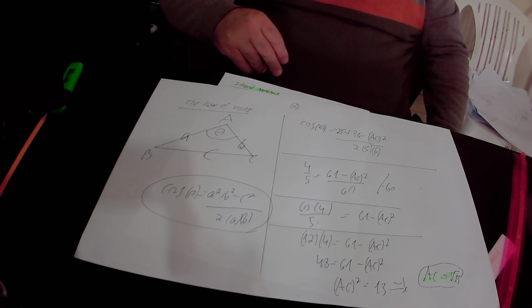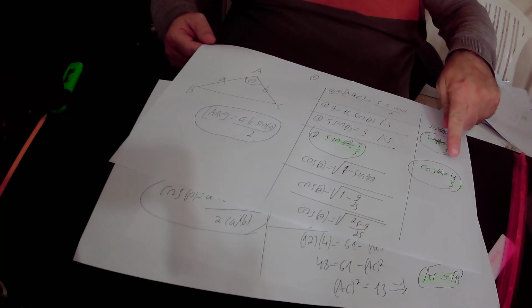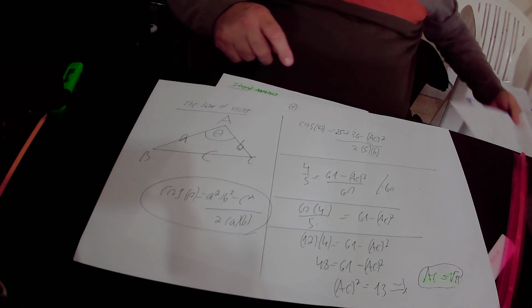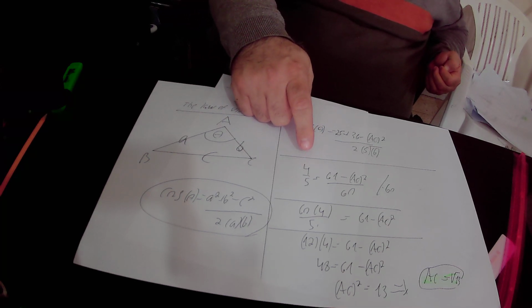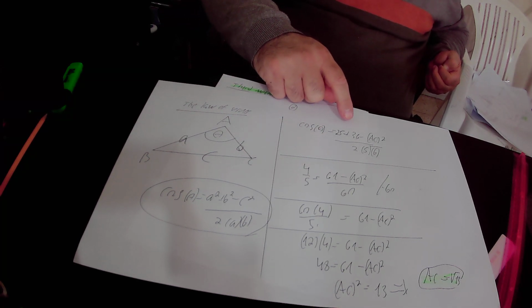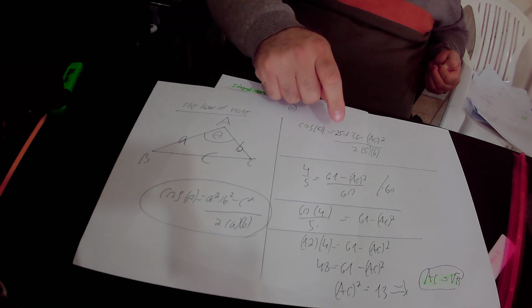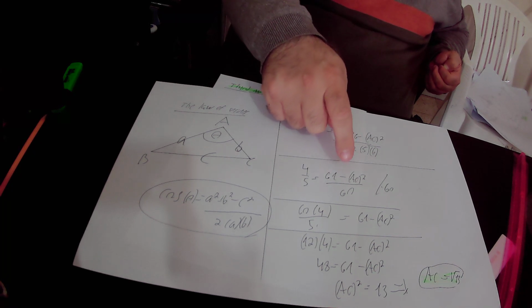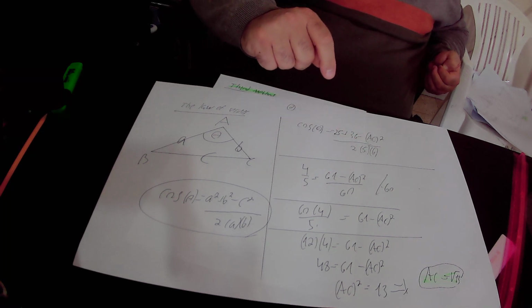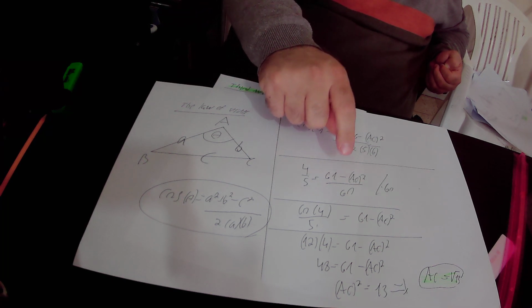We have already found out that cosine theta equals 4/5, so we can substitute cosine theta by 4/5. 25 plus 36 is 61, minus AC squared, over 5 times 6 is 30, and 30 times 2 is 60. So we found out that 4/5 equals 61 minus AC squared over 60.